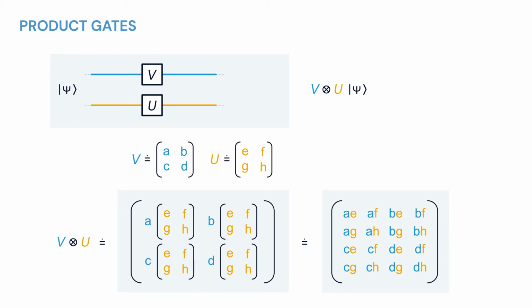For example, we might apply an X gate to the top qubit and an H gate to the bottom one. We call such a gate a product or composite gate. The matrix associated with this gate is simply the tensor product of the individual gates, in this case X and H.